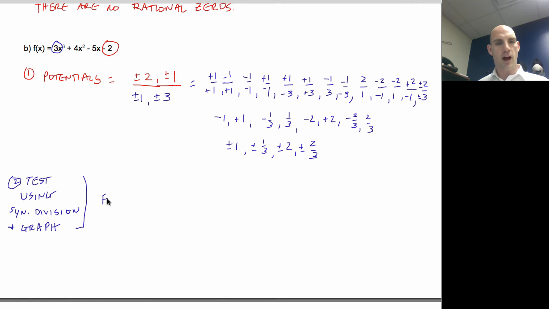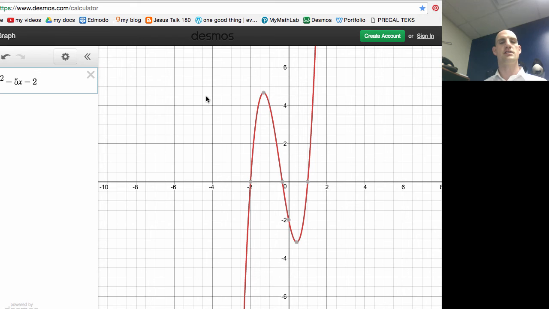I could say from the graph, I should test these. Now on your TI calculator, it might not be quite as clear, but if you zoom in a little bit, it looks like I've got one here maybe at negative 2, and one here maybe at positive 1.